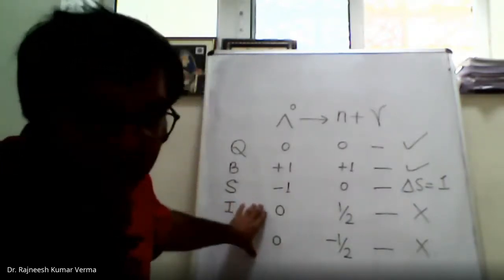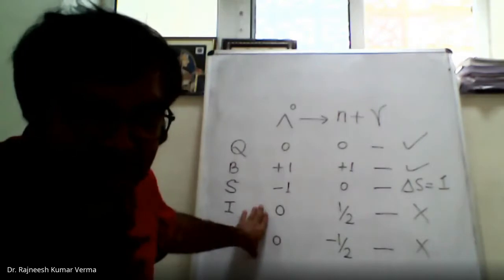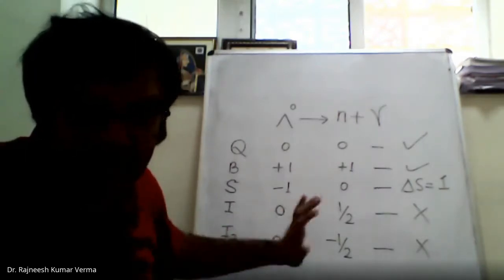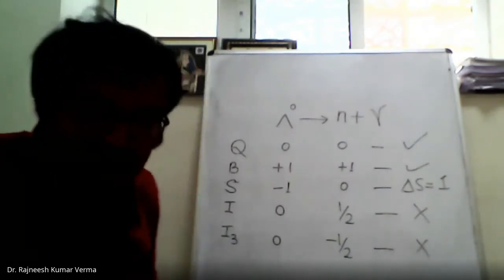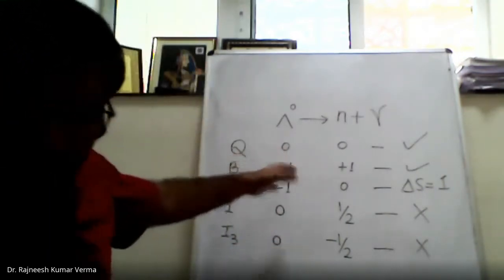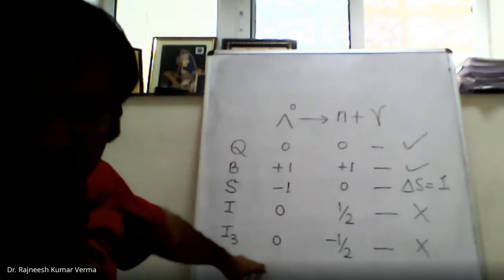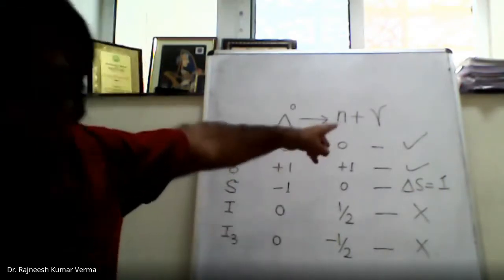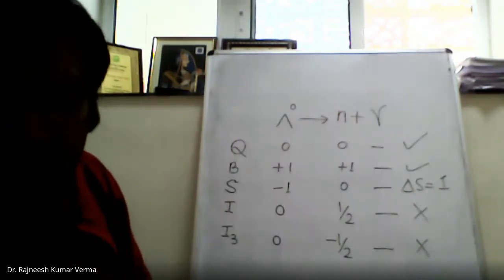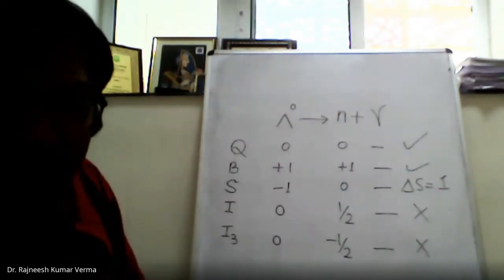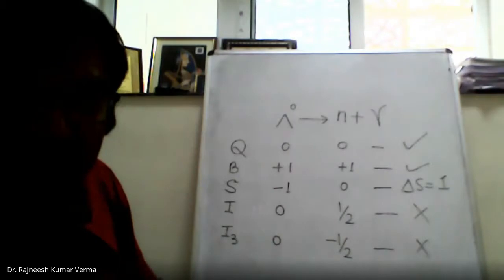These conservation laws are being violated. Therefore, this reaction cannot take place. You can see weak interaction properties are being fulfilled, but since gamma photons are involved, it has to be electromagnetic. Therefore, this reaction is not allowed.